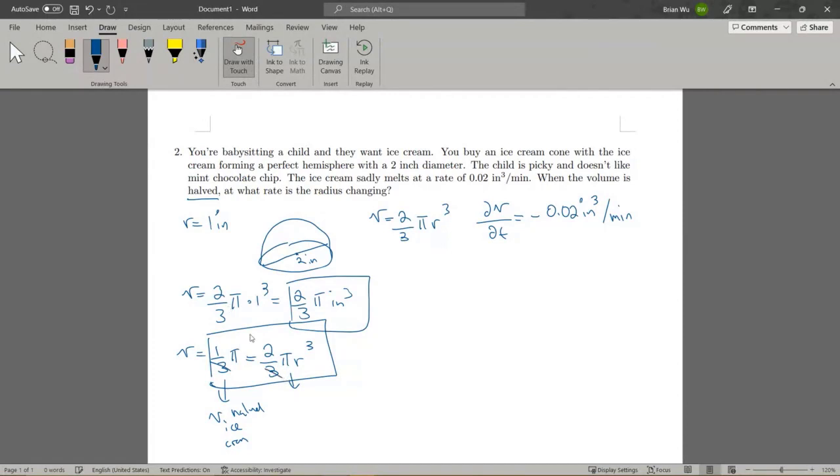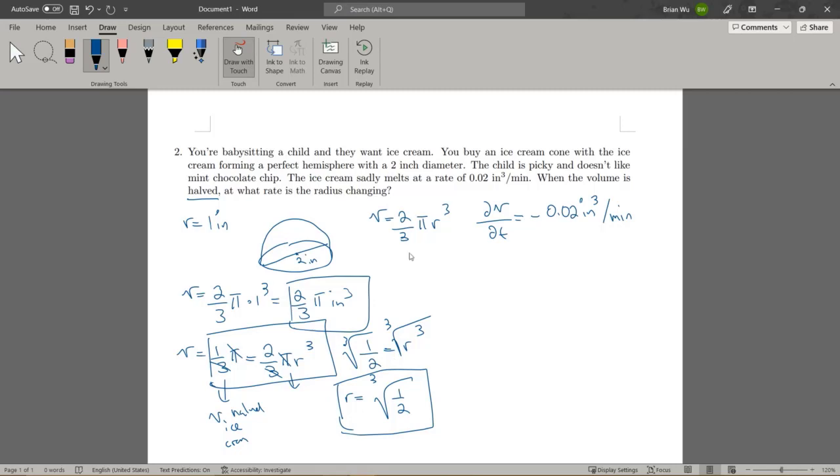We cancel out these 3s, and we cancel the pi's as well. So we get 1/2 on the side is equal to r cubed. You do the cube root, and your r will be equal to, I don't think there's a way to simplify, the cube root of 1/2.